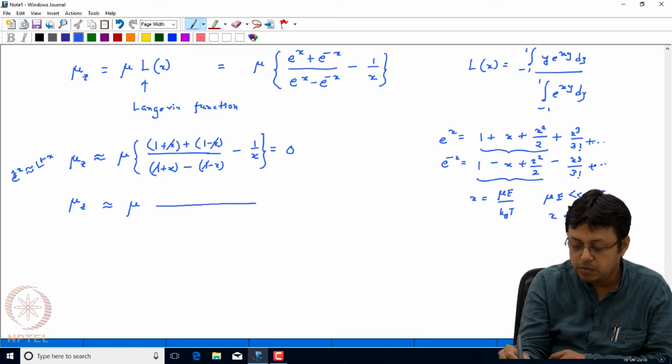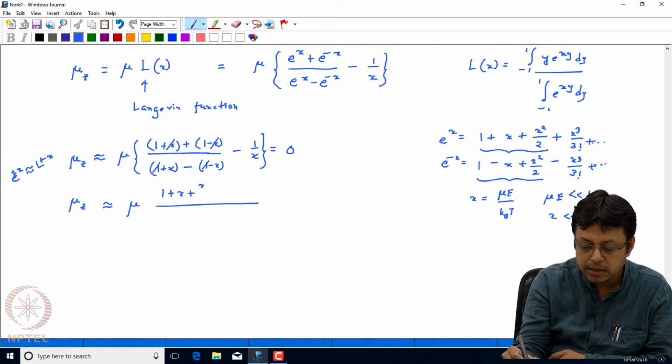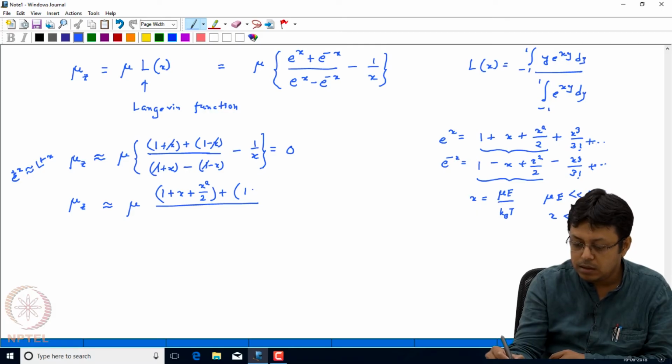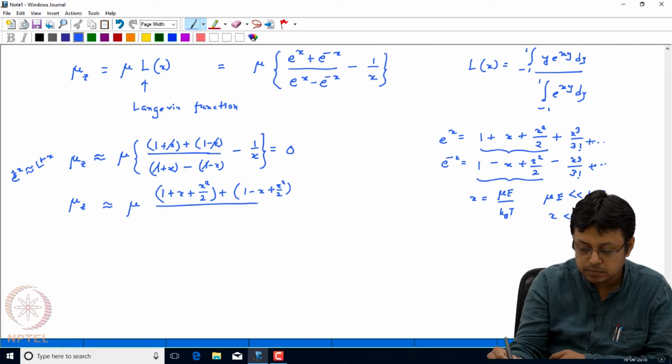So, I will have mu times 1 plus x square by 2, plus 1 minus x plus x square by 2, divided by 1 plus x square by 2 minus 1 minus x square by 2.